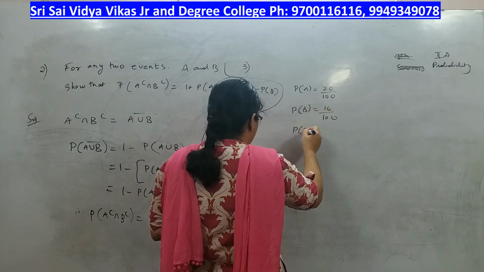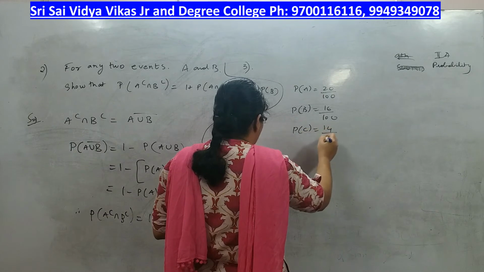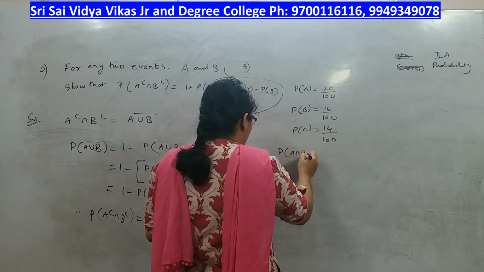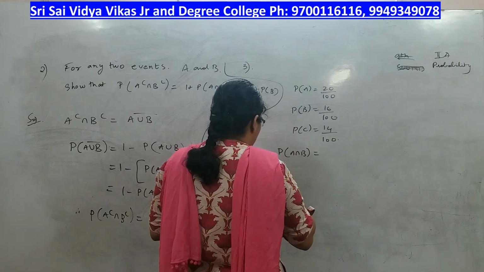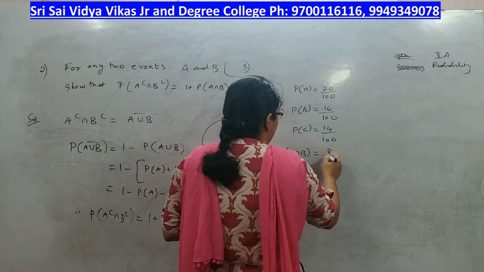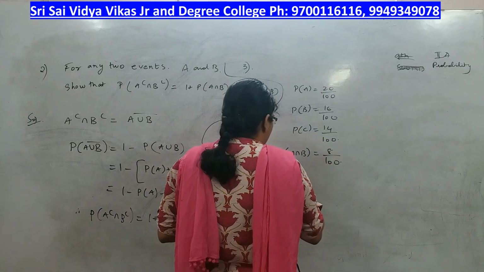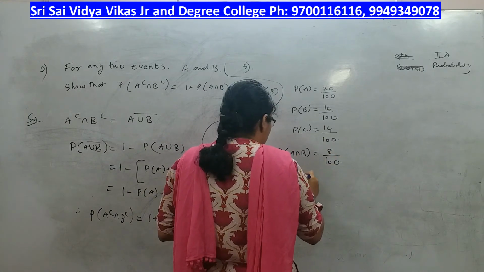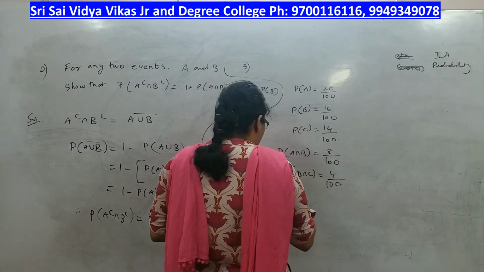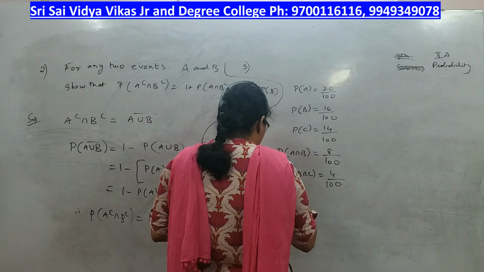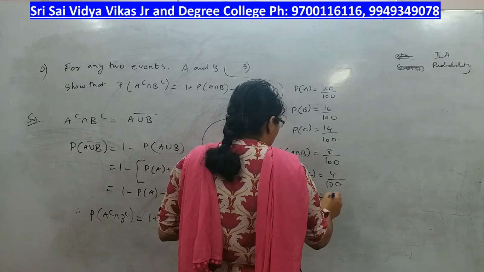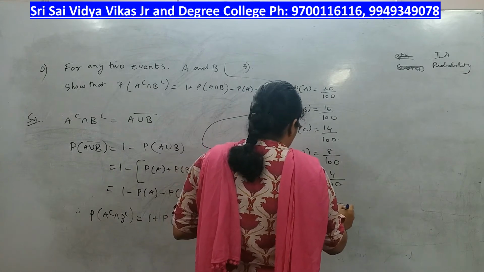P of C is equal to 14 by 100. P of A intersection B is equal to 8 by 100. P of B intersection C is 4 by 100. P of A intersection C is 5 by 100.